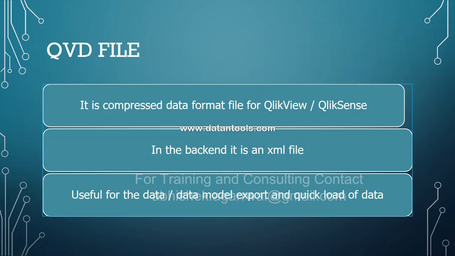I will show you the XML file structure in a couple of minutes. That's one of the reasons why it can compress the data to a large extent. Maybe there are some other algorithms, but I feel this is one of the major reasons why the data is compressed up to 80 or 90%.